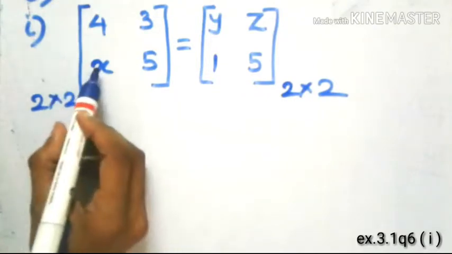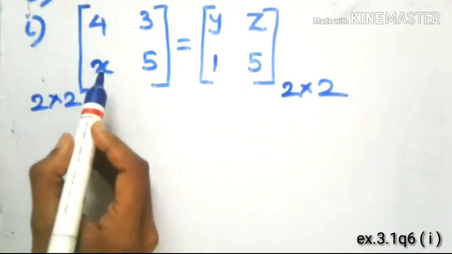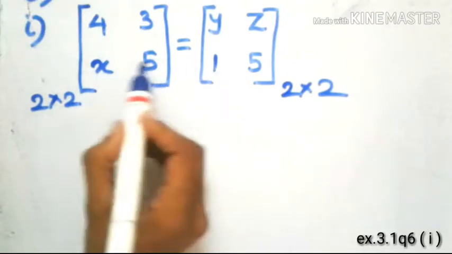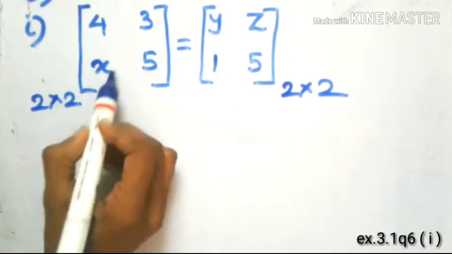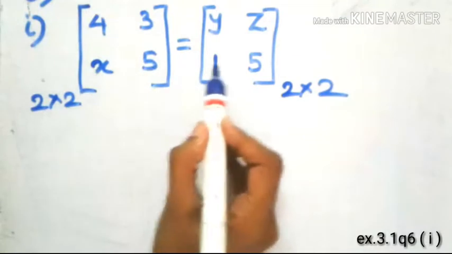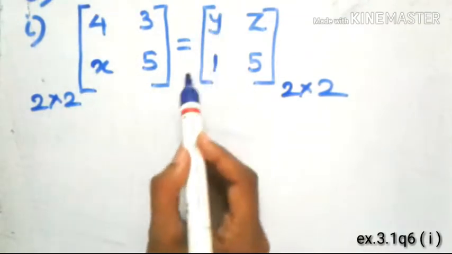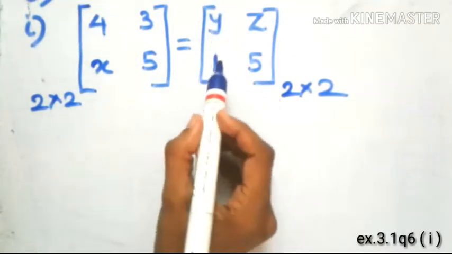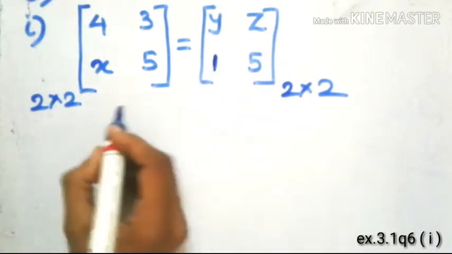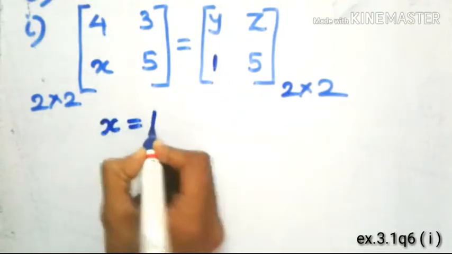So this is the second row first column element. Since these two matrices are equal, this x value should be equal to the corresponding element, that is the second row first column element, which is 1 in this case. So x is equal to 1.